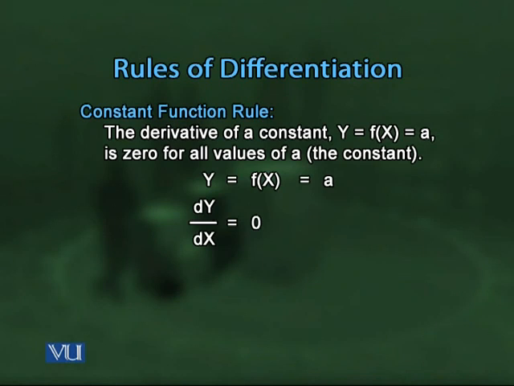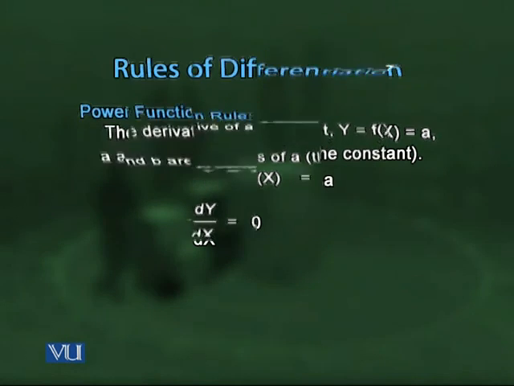Here we are using simply dy by dx instead of delta y by delta x in order to distinguish between the two. Otherwise it is the limiting value of the ratio delta y by delta x as delta x approaches 0, so the derivative of a constant function is equal to 0.